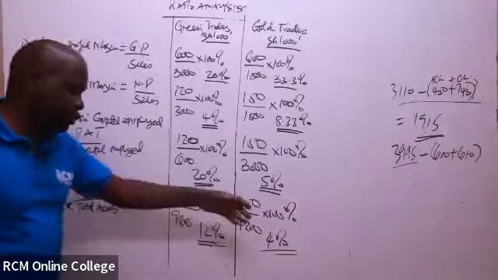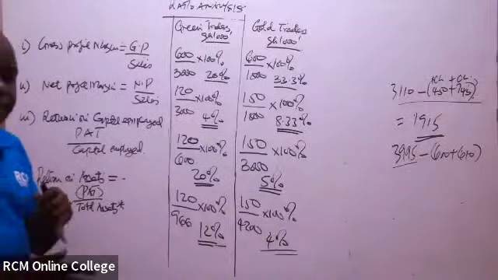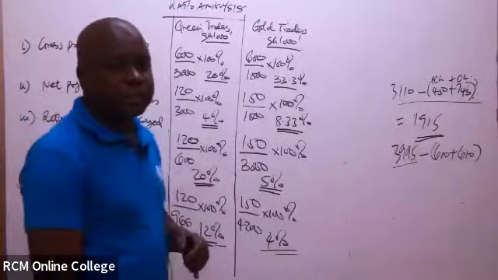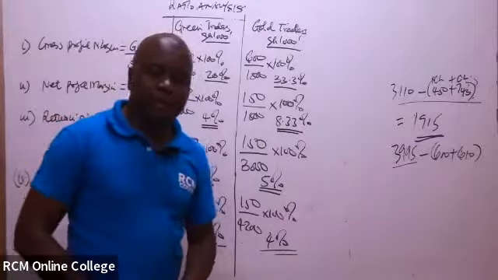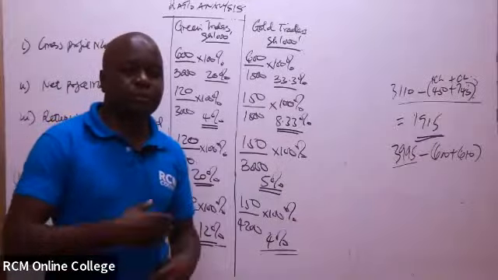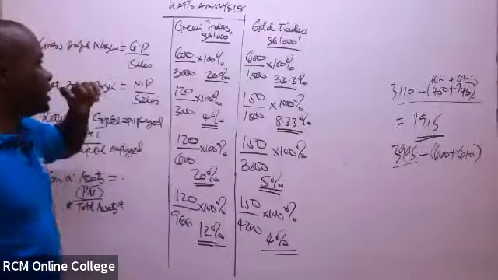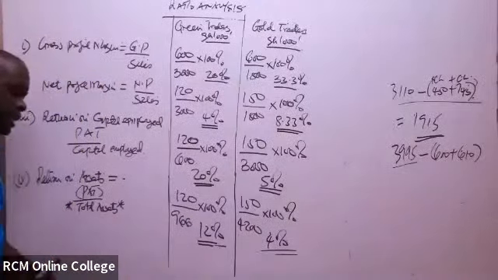Gold traders. These ones are not as efficient as these ones, because the return they are getting on what they have injected in as assets is very low. So it means there is no adequate efficiency in terms of utilization of assets in these gold traders compared to green traders.